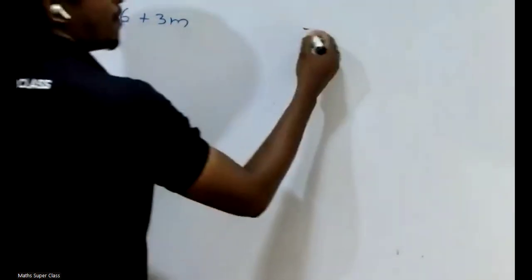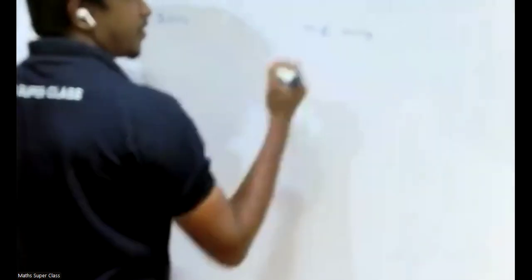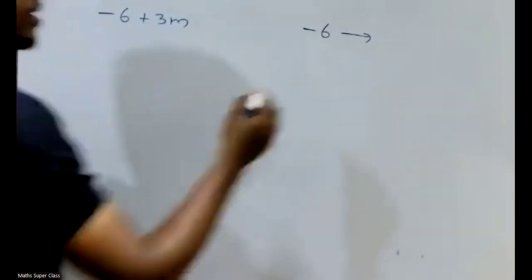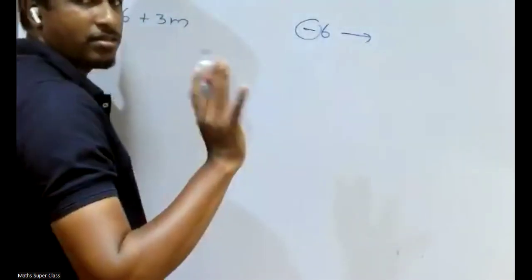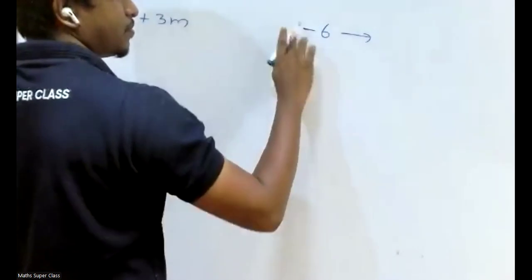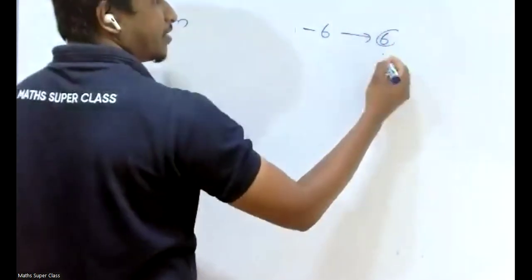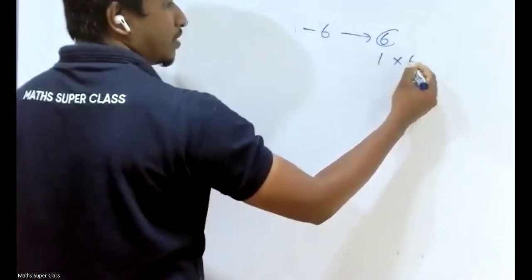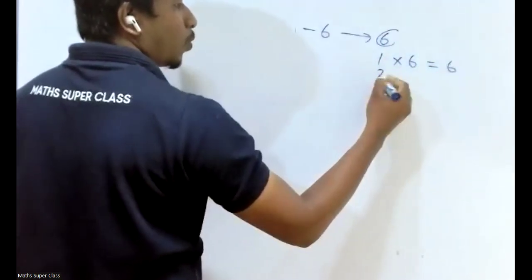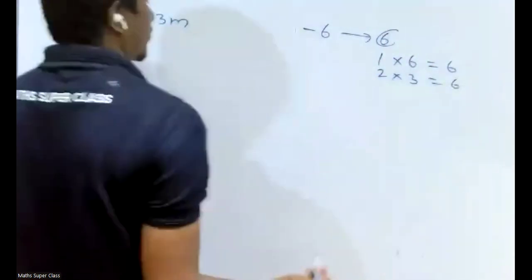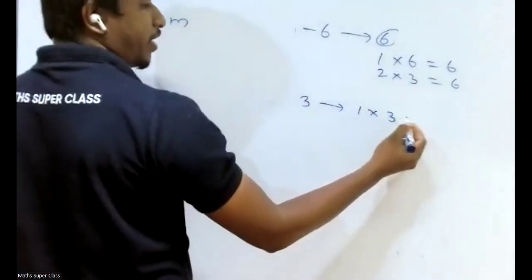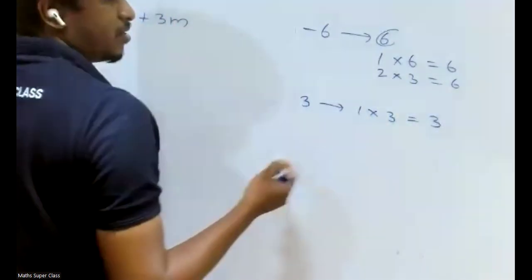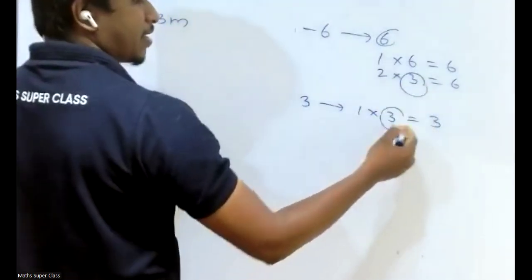Minus 6, it means we don't consider this minus. Just 6. We will take the 6: 1 into 6, 2 into 3 is 6, 1 into 3. So we can get 3 as the common factor.